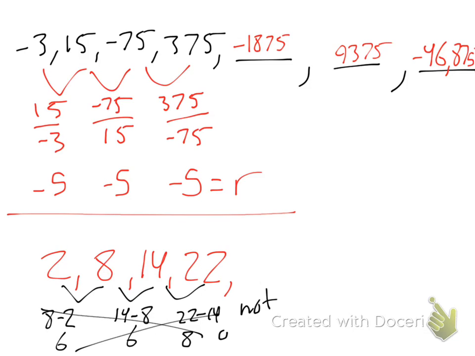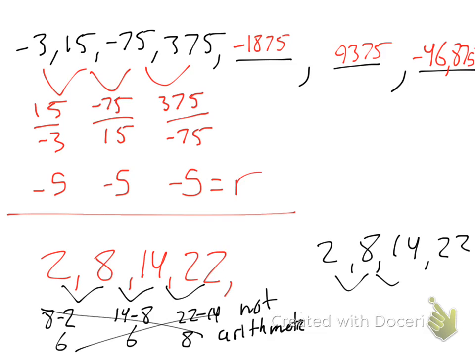Not arithmetic, right? Test it over here then. 2, 8, 14, 22. 8 divided by 2 is 4, and 14 divided by 8 is definitely not 4.